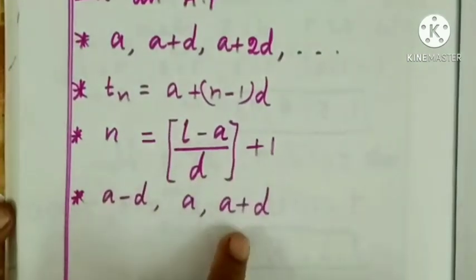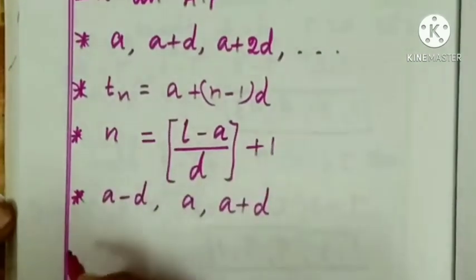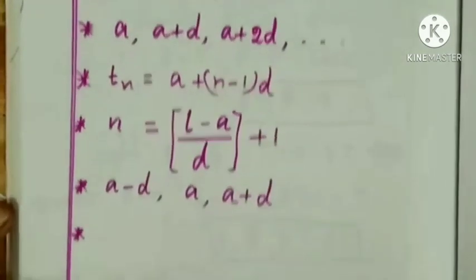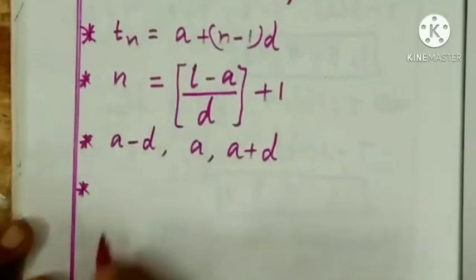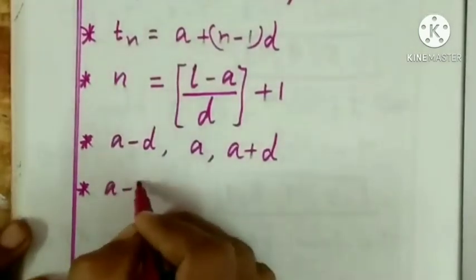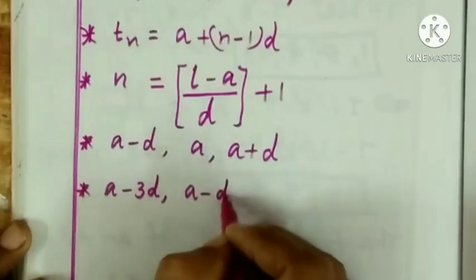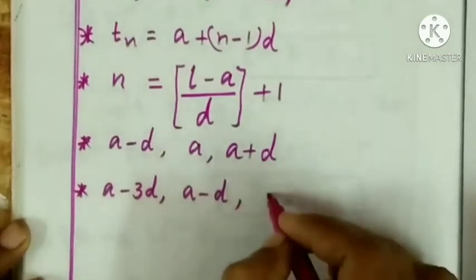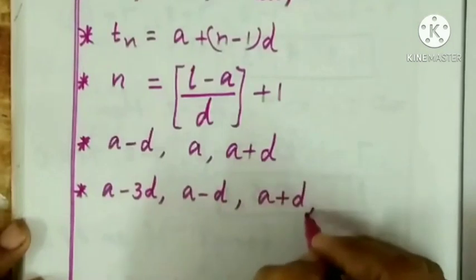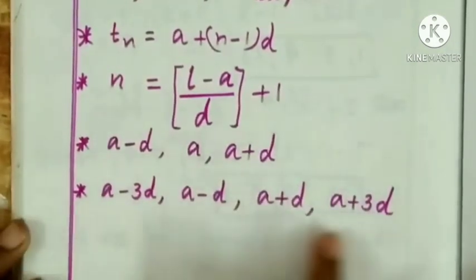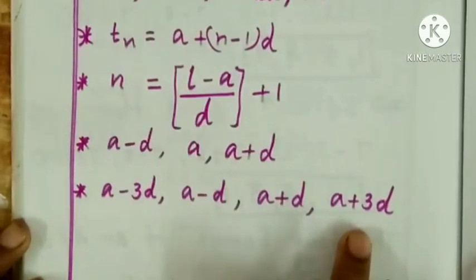Here the common difference is d. Then the four consecutive terms of an AP are a minus 3d, a minus d, a plus d and a plus 3d. Here the common difference is 2d.